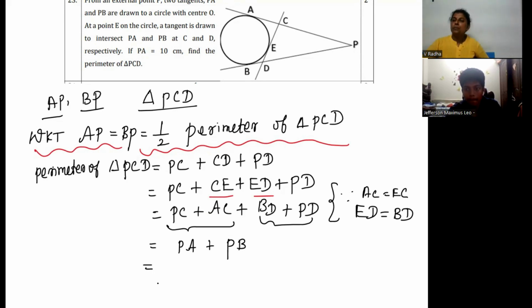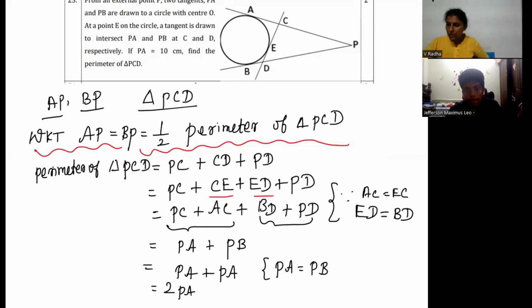Is it correct or not? Yes, ma'am. Okay. At the same time PA is equal to PB. So we replace one by the other. So PA plus PA, the one more PB is also replaced by PA. That is 2 times PA.